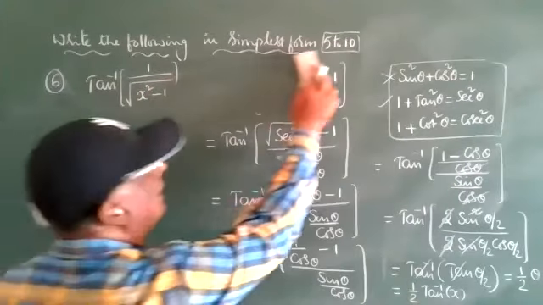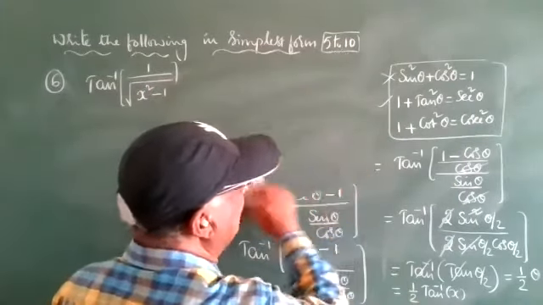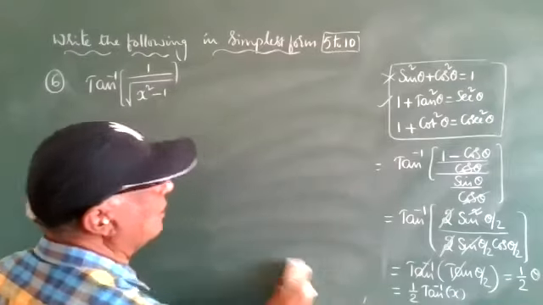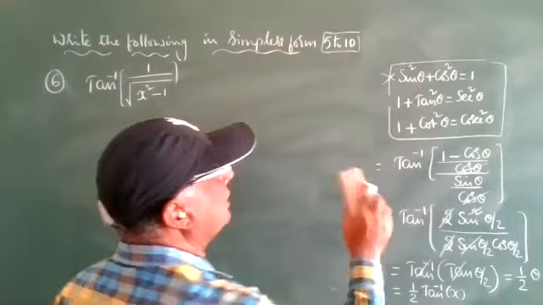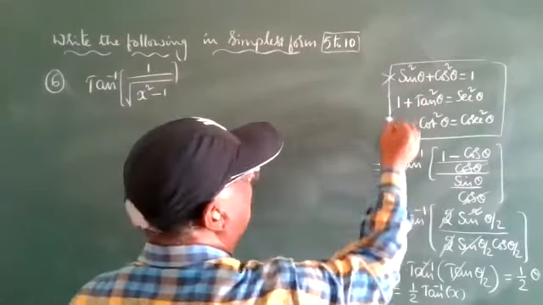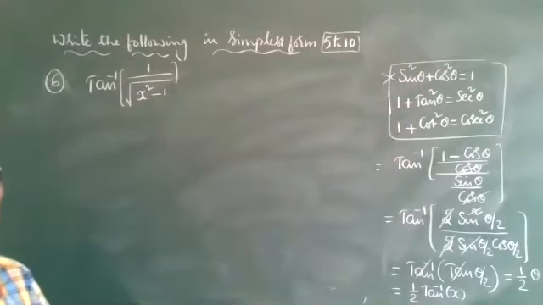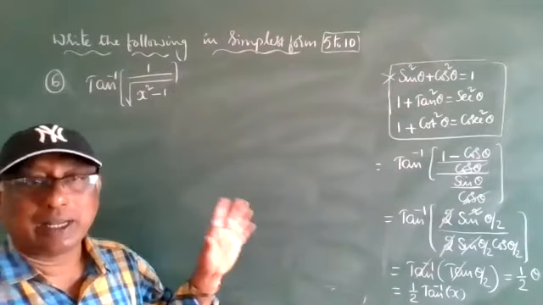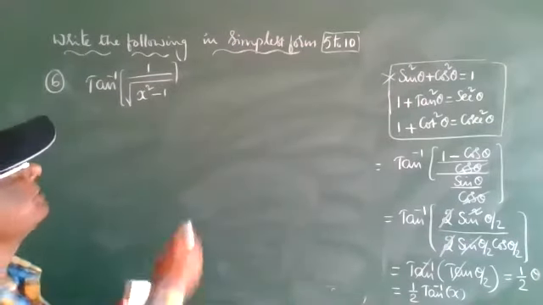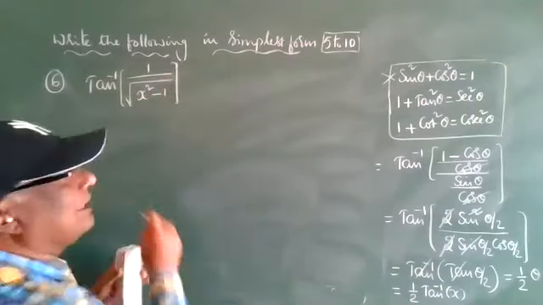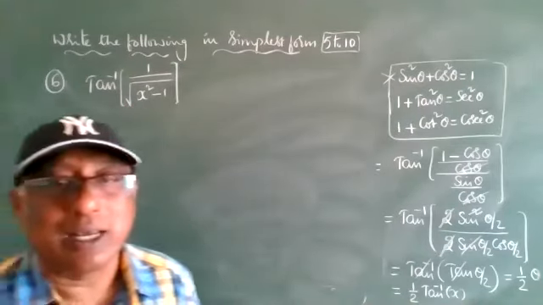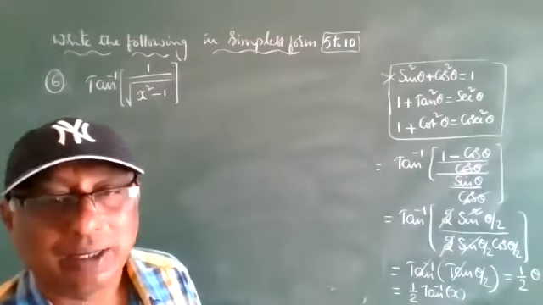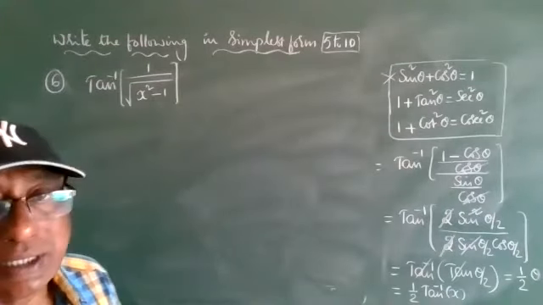Observe the three formulas and tell me. This is a tan inverse problem, so no use of sine and cos, only tan. You can see in this tan there is no 1 plus x square here.